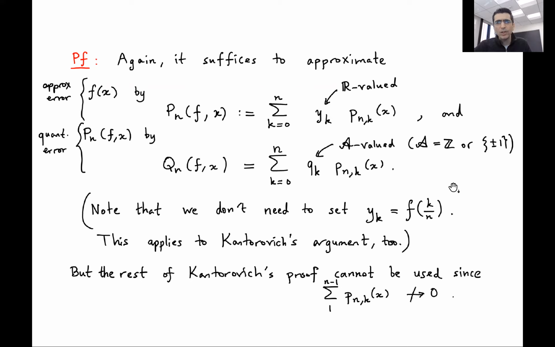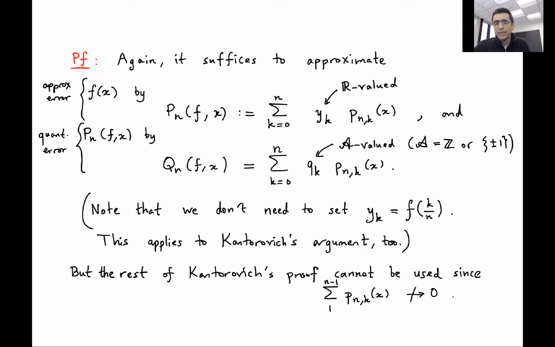Okay, so one thing also that I should emphasize here is that for the initial approximating polynomial, one can take the coefficients to be the function samples, as in the Bernstein polynomial, but one does not need to do that.